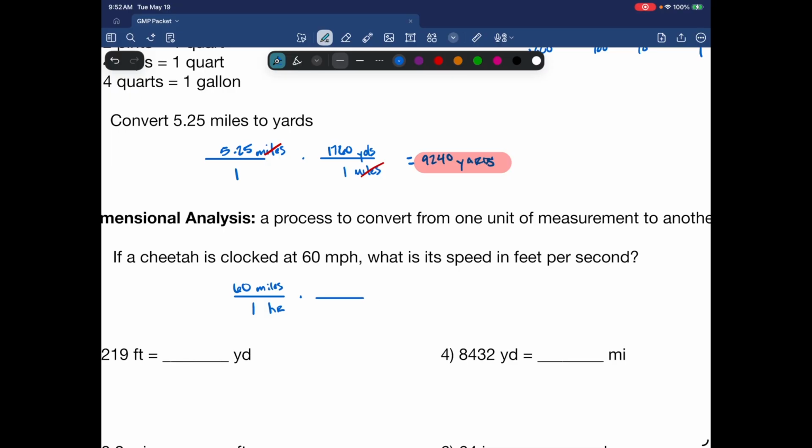All right, I need to change miles to feet. Well, I know that 1 mile is 5,280 feet. So I've taken care of the miles at this point. Now I just need to focus on the time. So 1 hour, and I put the 1 hour on top because the original hour is in the bottom, and I want to get rid of it. 1 hour is 60 minutes, and then 1 minute is 60 seconds.